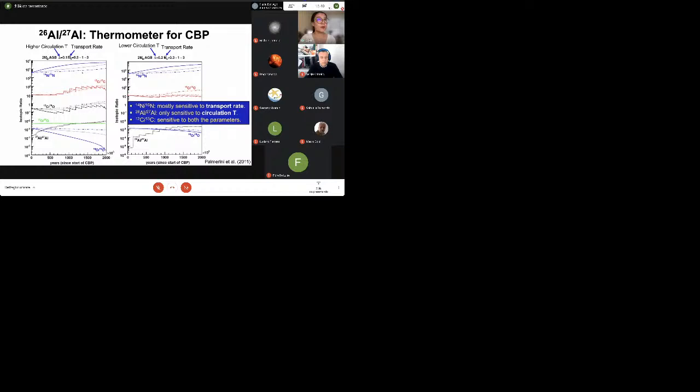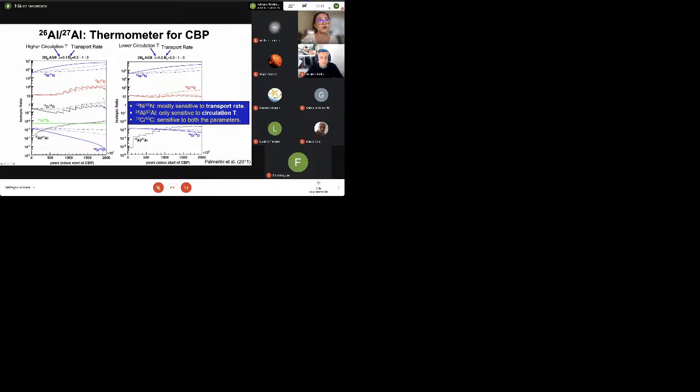In addition to carbon and nitrogen isotope ratios, the aluminum-26 ratio was also shown to be a sensitive probe of the CBP circulation temperature. These two plots are from the paper of Palmerini et al. 2011. The left panel represents the CBP results for different isotope ratios by adopting a fixed circulation temperature with 3 different transport rates, while the right panel adopted a lower maximum circulation temperature with the same transport rates.